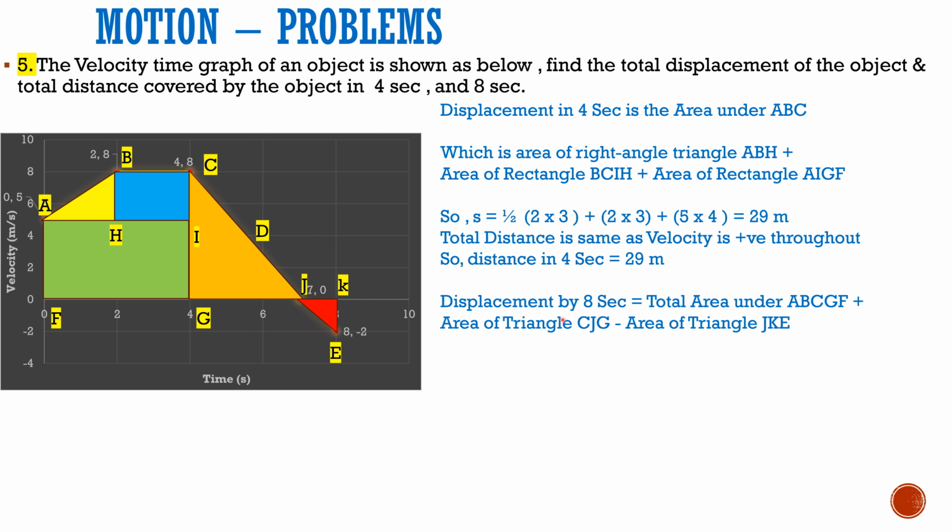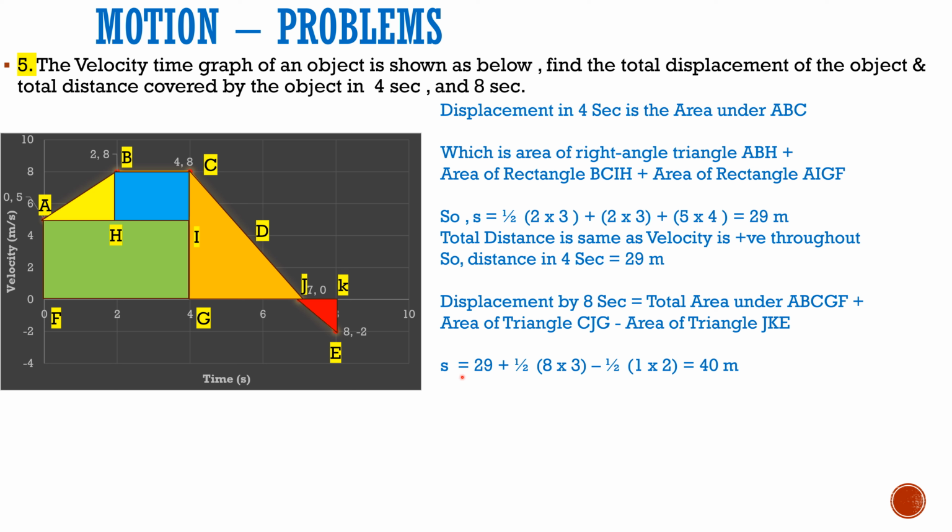We will remove this from the total area that we find. So 29 plus this area minus this area would be our answer. So 29 plus this area is 8. This is total 8, and this is 3. 7 minus 4 is 3. 7th second minus 4th second, so this is 3, and this is again 8 to 7 is 1, and minus 2 is 2. So this area we have removed, and then we get 40.